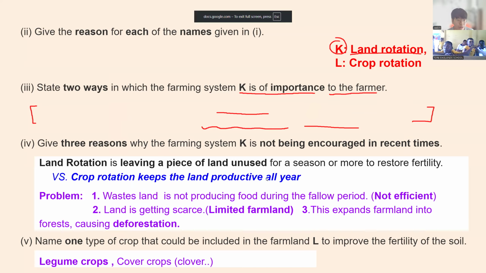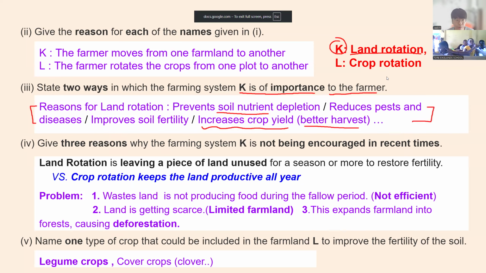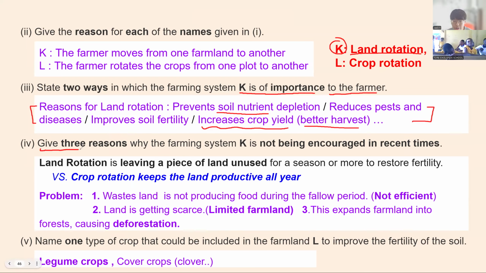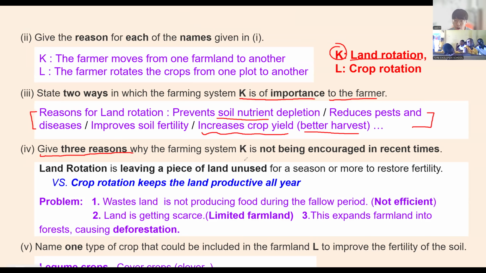So that is one reason why crop rotation might be better. So number four actually says to give three reasons why K is not encouraged. So the problem can be that wasted land is not producing enough funds during the fallow periods. And number two, land is getting scarce, of course. We don't have an infinite amount of land.